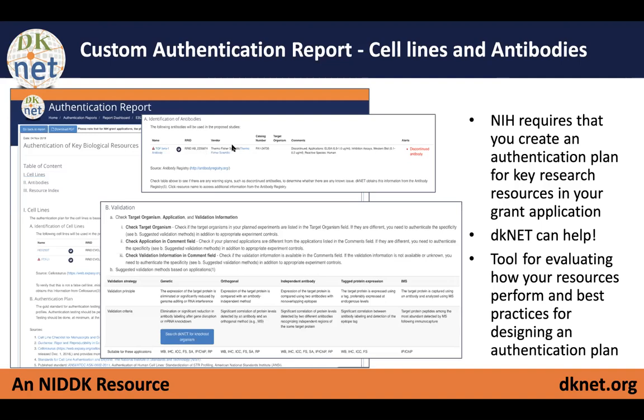And in this report that's being prepared for the researcher, in terms of these are things that I've planned to use, there is information about an issue with that antibody or cell line. And in addition to providing that information in the report, we also provide guidance about validation.